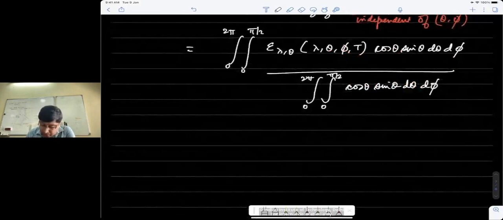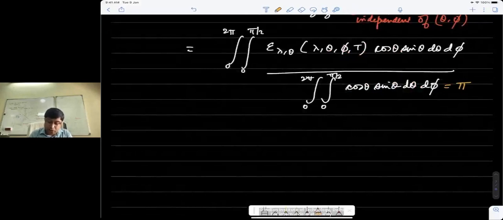The denominator is quite easy to compute. This will come out to be pi, which I think we did in the last class, if I remember correctly. We said the integral of sine theta d phi was 2 pi. When you put a cosine theta there, you get the integral as pi. And so that becomes pi.